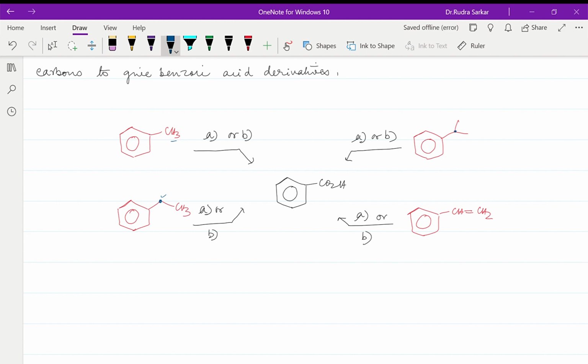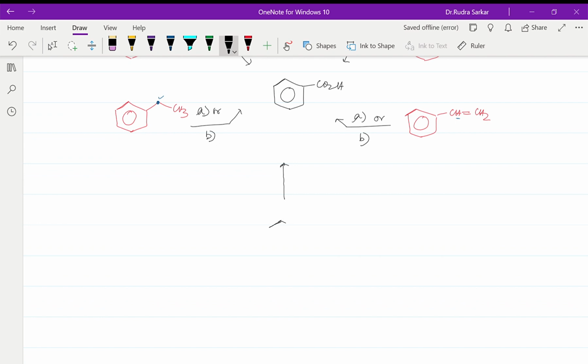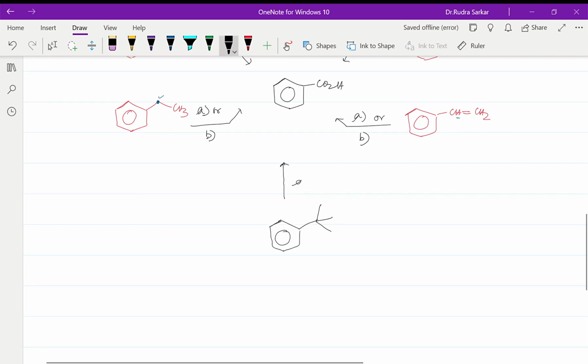That means if you were to take a benzene joined to tertiary butyl group, which is this compound, and we use the reagent A, then there is no oxidation taking place over here.